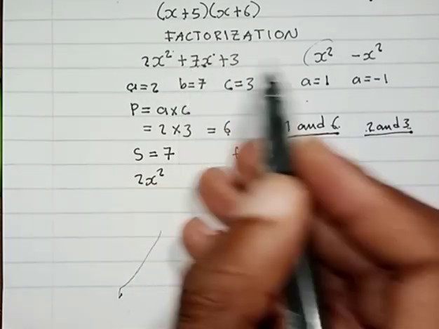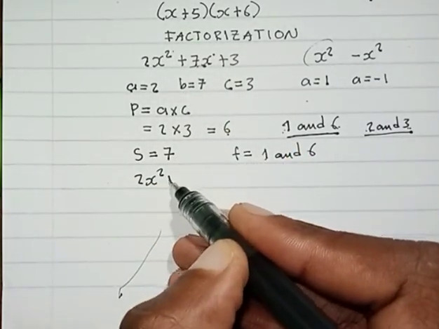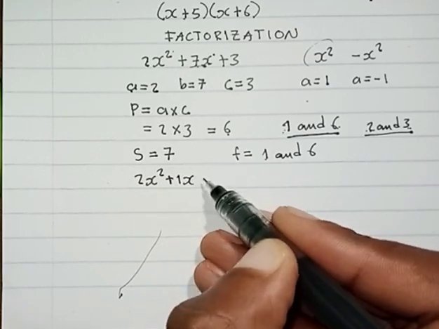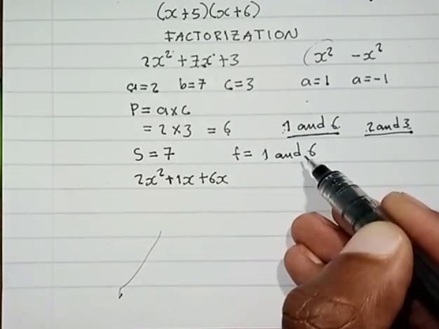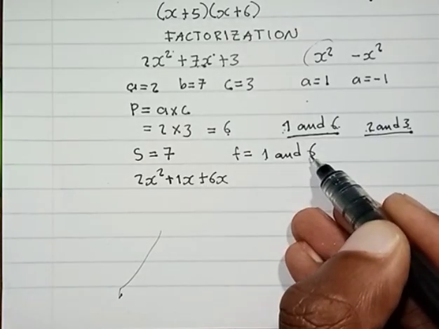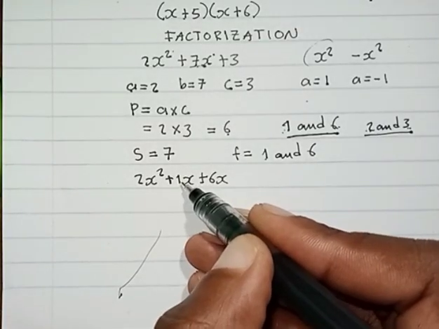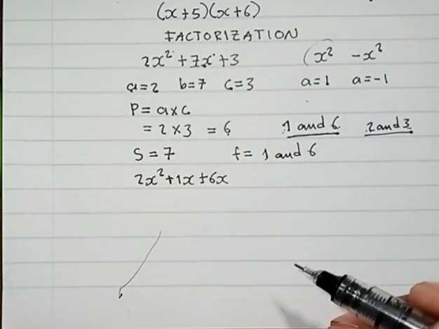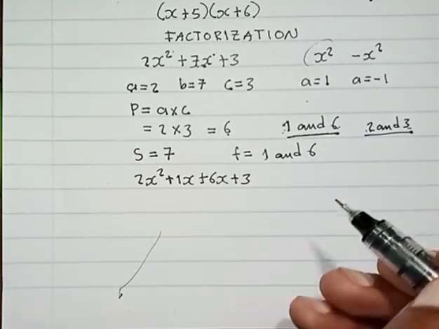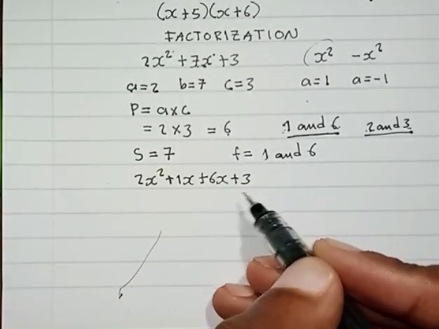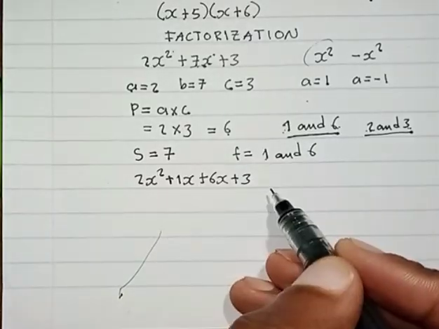So I'm going to remove this 7x and put 1x plus, this is 6, the positive 6x. I'm using positive here because this 6 is positive, and for the 1 I'm using positive 1 because 1 is positive. Okay, plus 3, like that. So this is how we write it, so that we can get 4 terms.